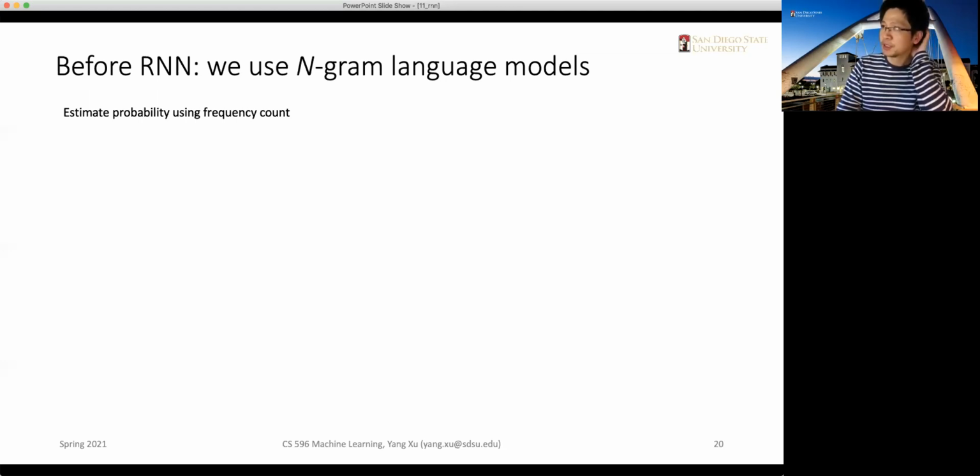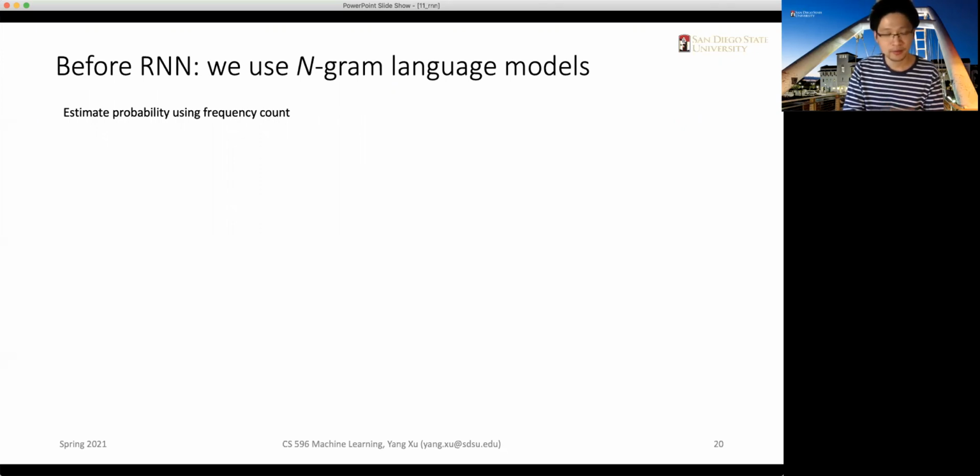Because of how probabilities are estimated in mathematics, like the probability of a random event, if you toss a coin, how much probability do you have to get a tail versus a head, it can be estimated by tossing a coin multiple times, right? You toss a coin 100 times, 500 times, 1,000 times, and you count the number of heads versus tails, so you get the probabilities estimated.